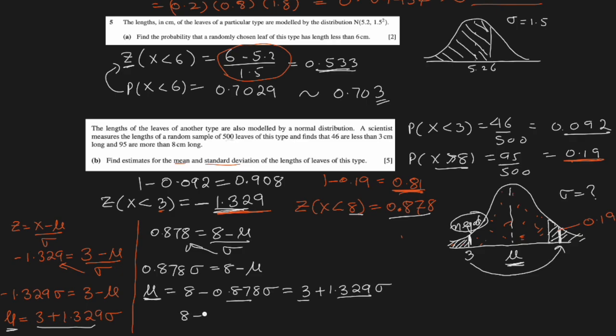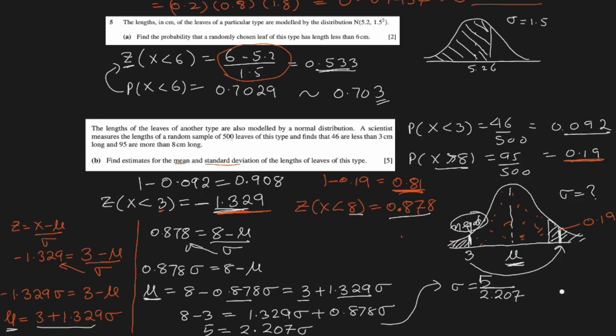So we get 8 minus 3 equal to 1.329 sigma plus 0.878 sigma. 5 is equal to 2.207 sigma, and that's how sigma comes out to be 5 divided by 2.207, which is almost 2.2655, rounded off to 2.27.